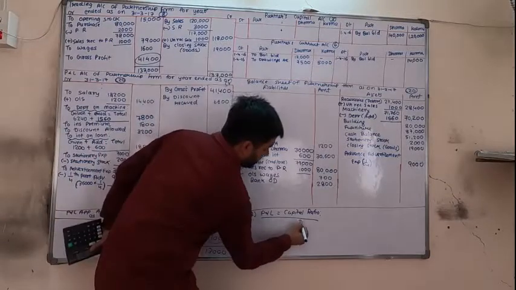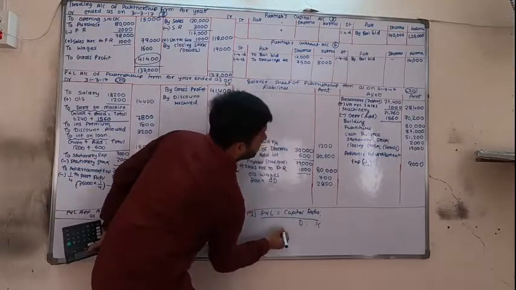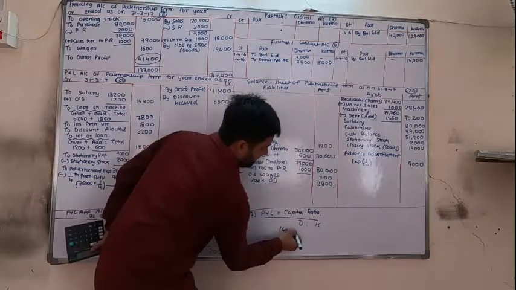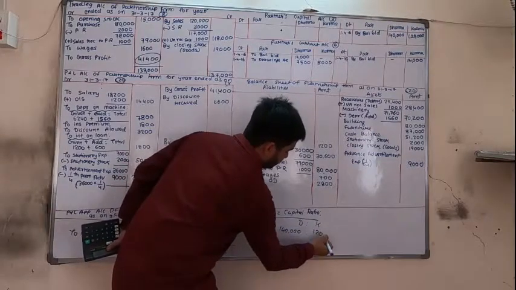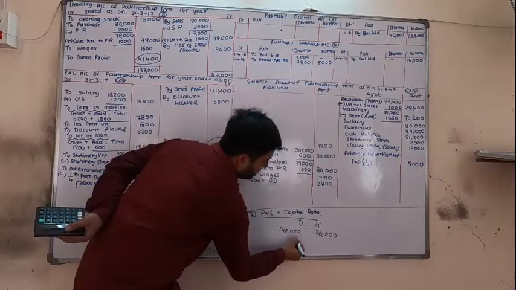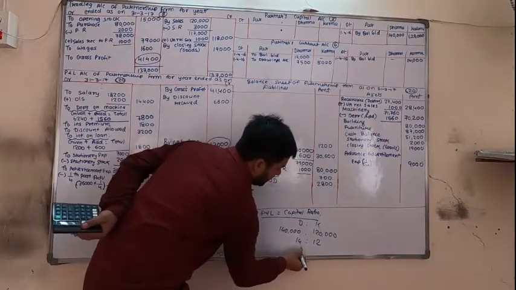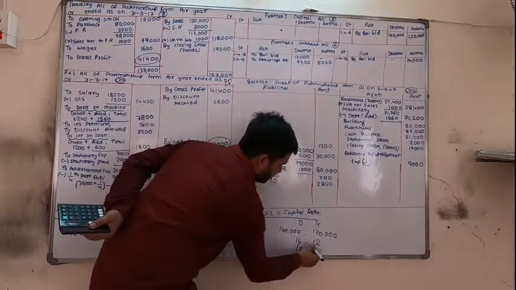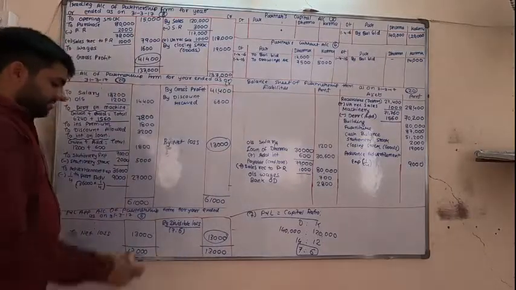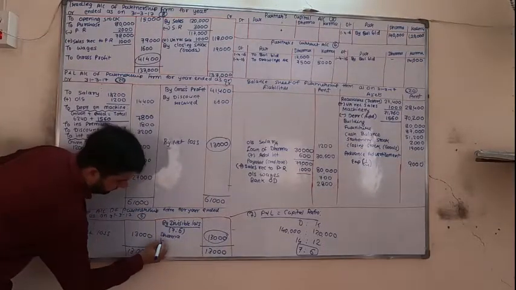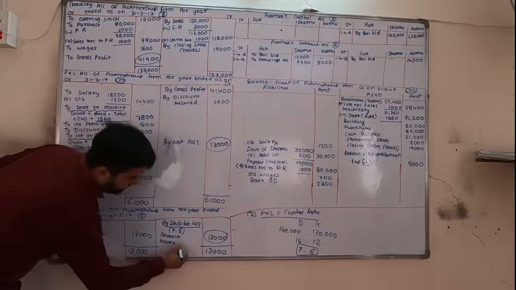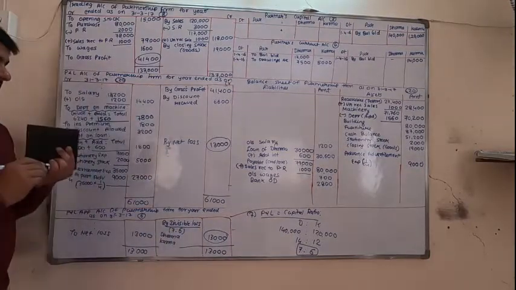So Dharma is D, Karma is K. One's capital is 1,40,000, the other's capital is 1,20,000. If we are cutting the 0, 14:12. If we are taking it by 2, then 7:6. Dharma and Karma, 13,000 in 7:6.